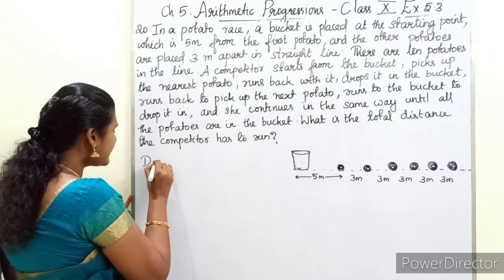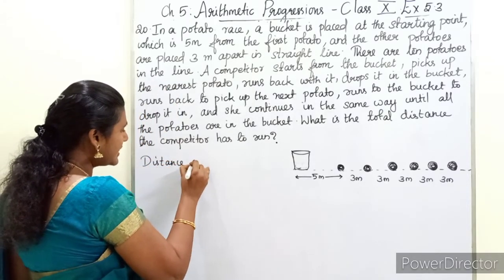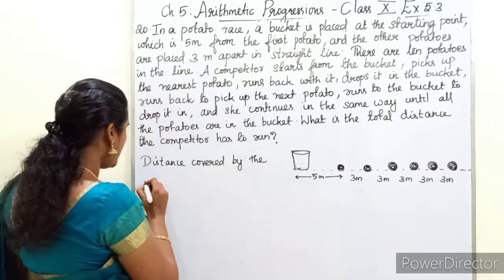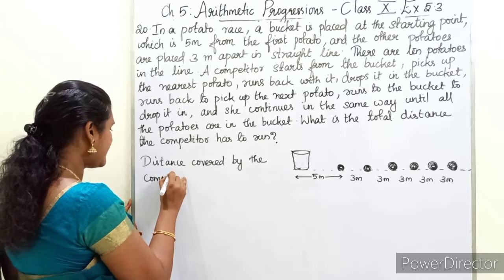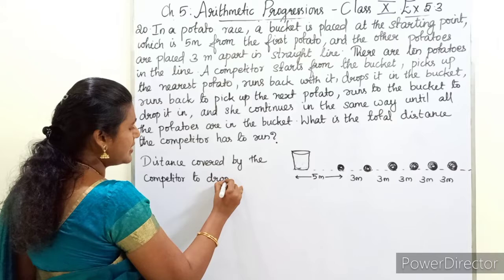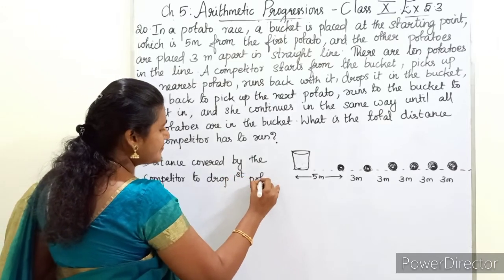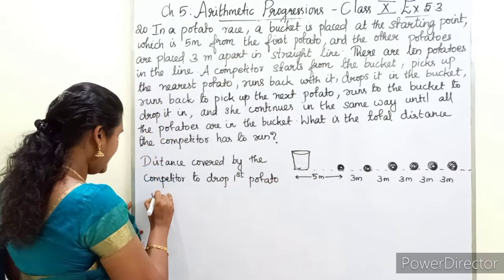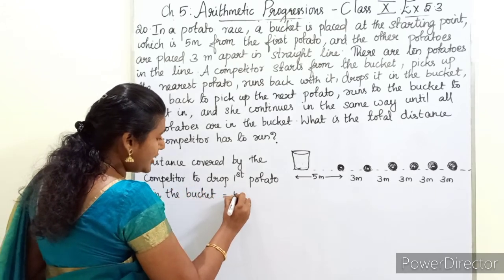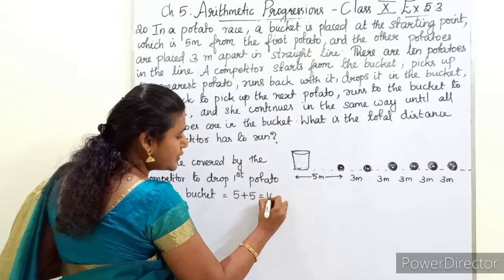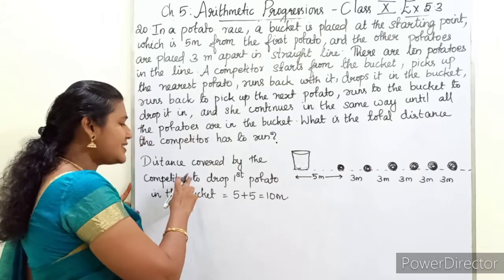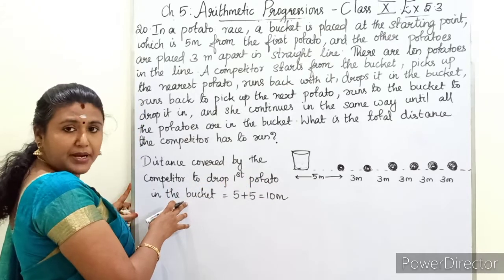So the distance covered by the competitor to drop the first potato in the bucket is equal to 5 plus 5 is equal to 10 meters.